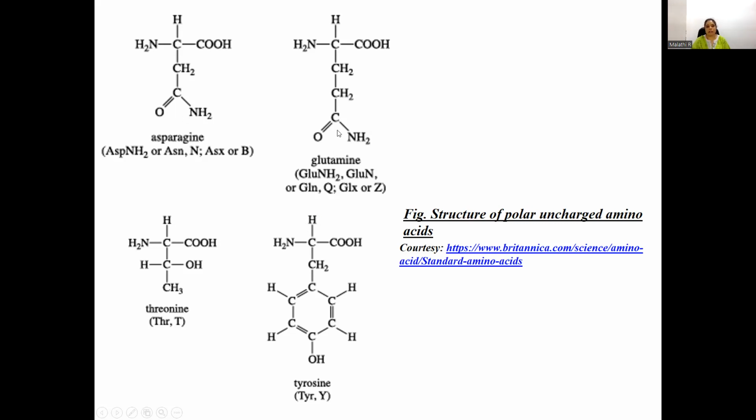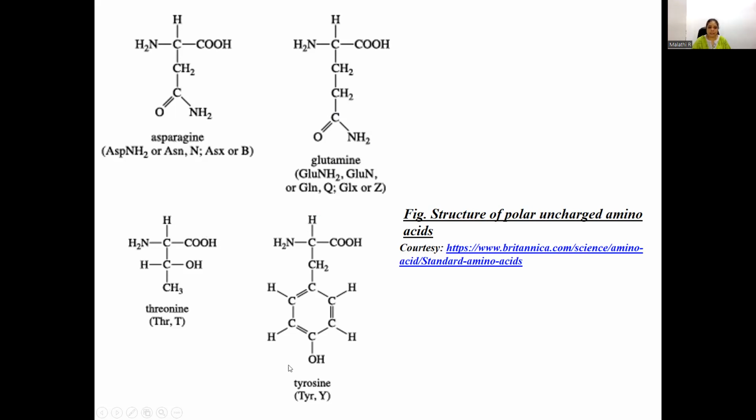Asparagine and glutamine are almost similar, with only one small difference: in asparagine CH2 is present once, and in glutamine CH2 is present twice. Only that difference is there between asparagine and glutamine.